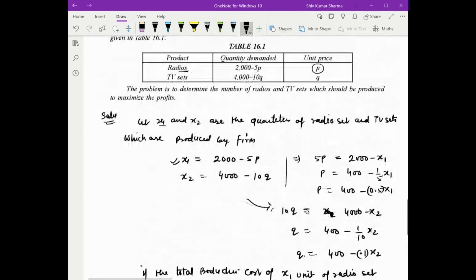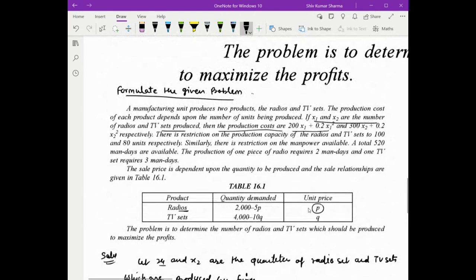So on the basis of this, this is the production cost.